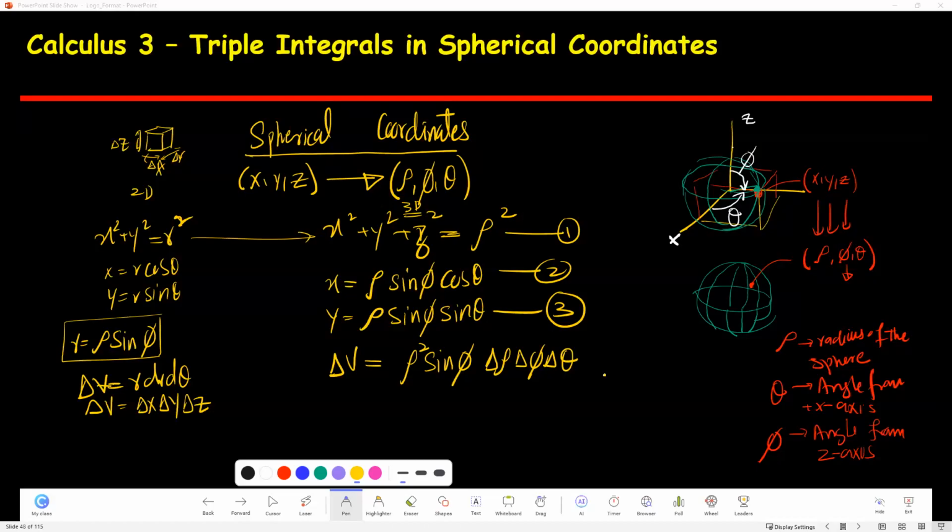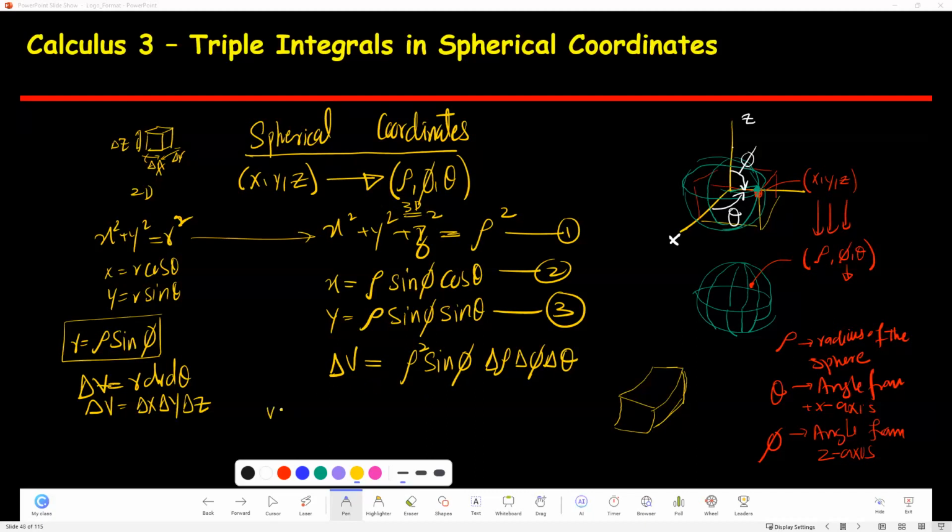Here the differential element is going to look like this. It's hard to draw, but this is what it looks like.